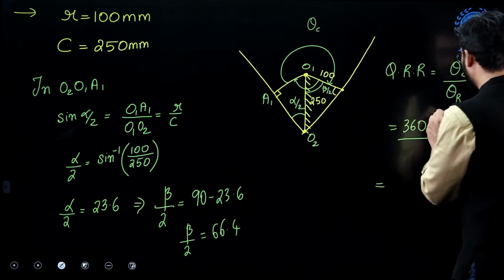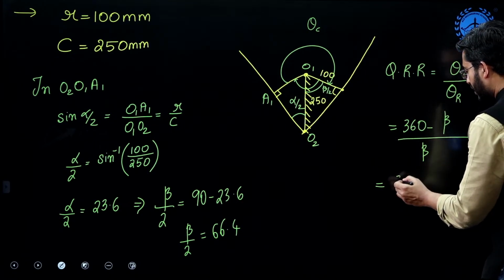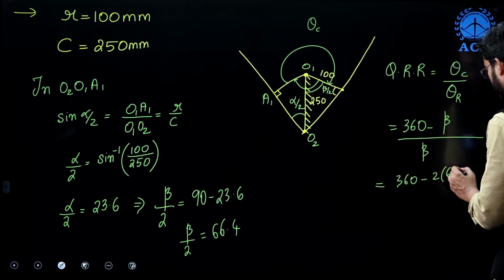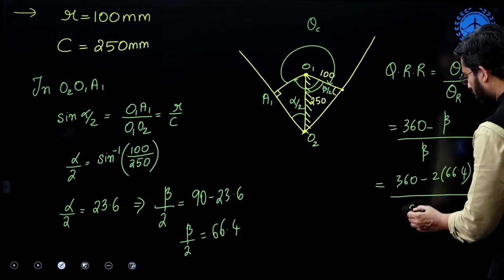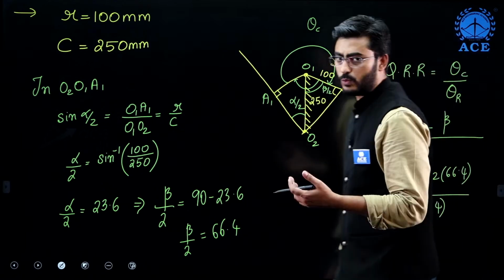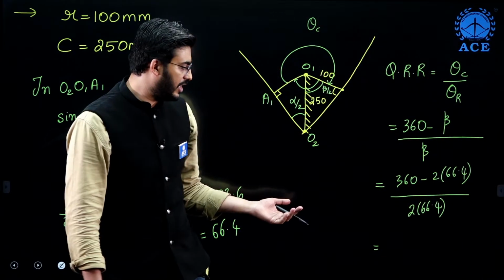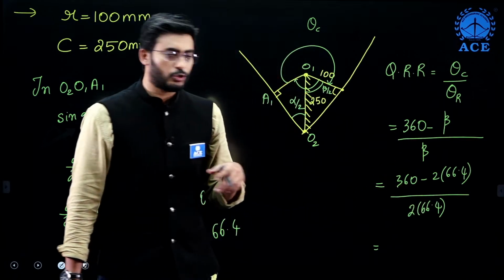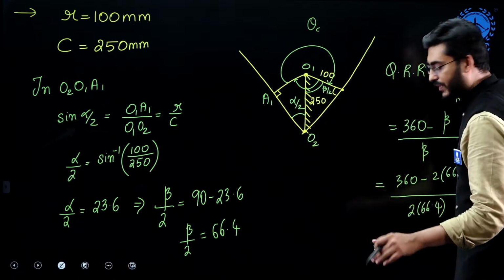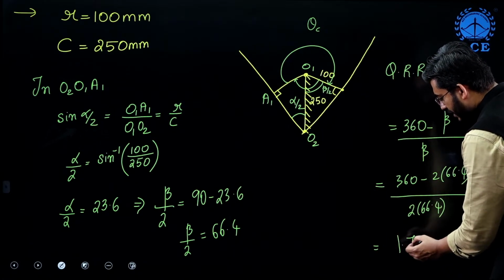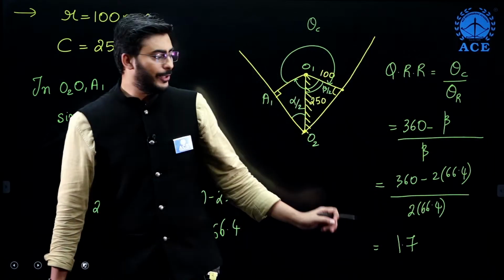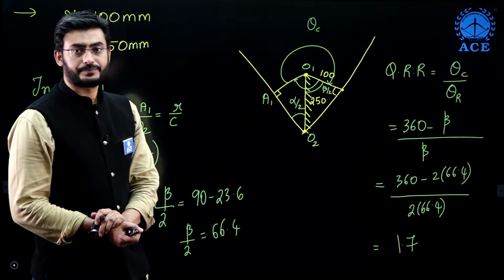This is (360 minus beta) by beta. So 360 minus beta is 360 minus 134, approximately 216, and beta is 133. So 216 divided by 133 is slightly less than 2. Approximately we may get the answer as 1.7 or 1.8. Okay, so this will be the value of the quick return ratio.